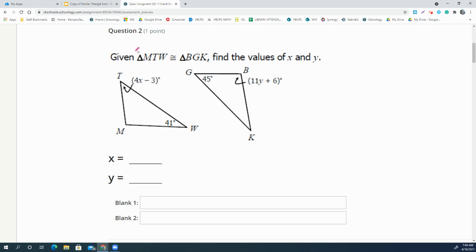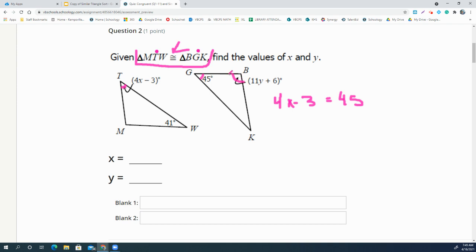Use this key. If I want to know angle T, because that's my X, T goes with what? G. So we set those equal to each other because the symbol right here has an equal sign in it. These 2 triangles are congruent. That's what this equal sign means. So 4x minus 3 equals 45.